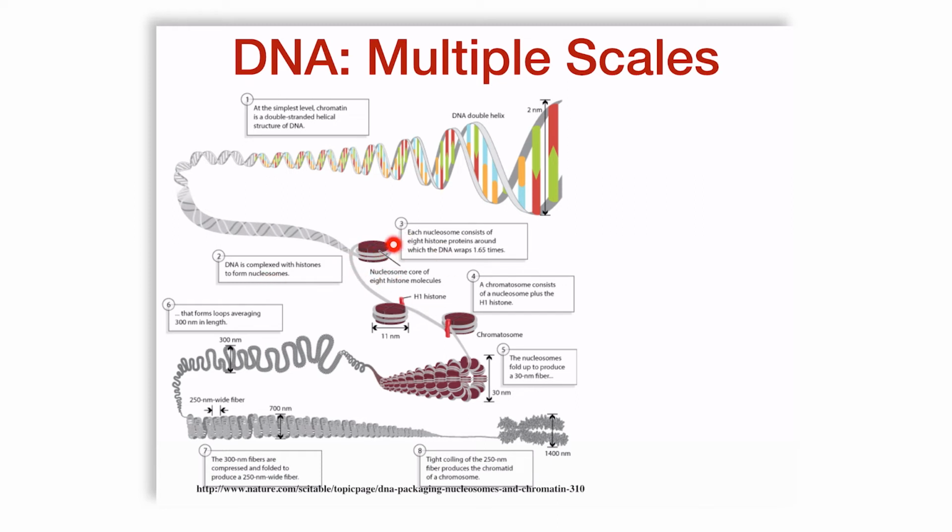A clip-like molecule that acts on these histone octamers is the H1 histone, sometimes called the linker histone. The diameter of such a histone complex with DNA, the nucleosome as it is also sometimes called, is 11 nanometers.